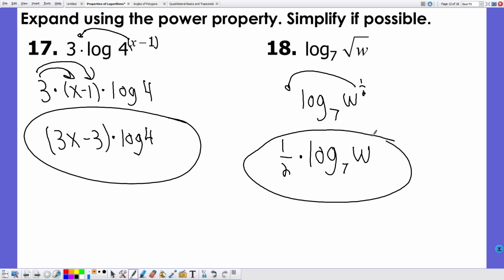So these are the ways we can expand and condense logarithms using this, the last property we're going over today, the power property. It's definitely a very handy tool when you start evaluating and solving some of these equations with logarithms later.